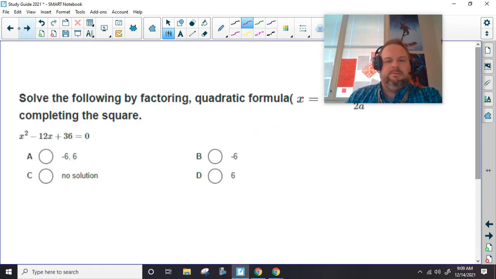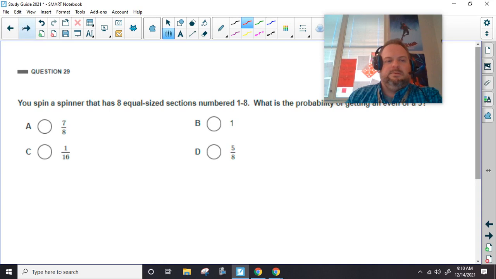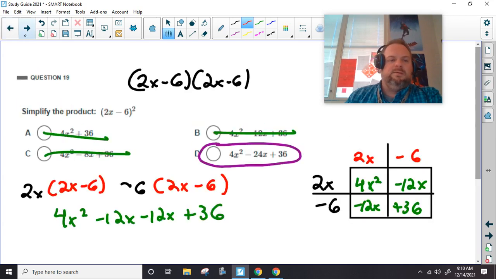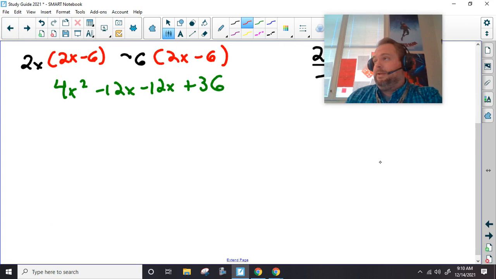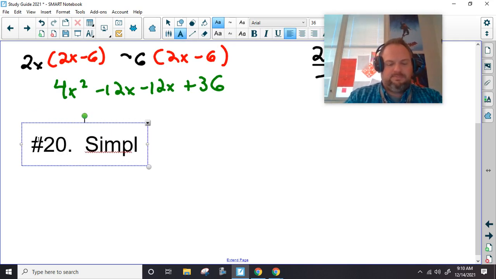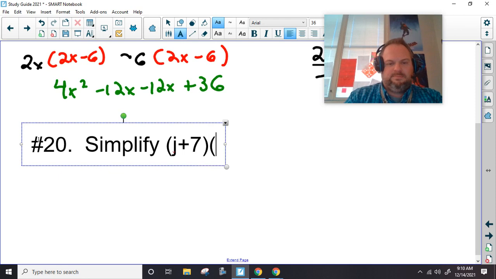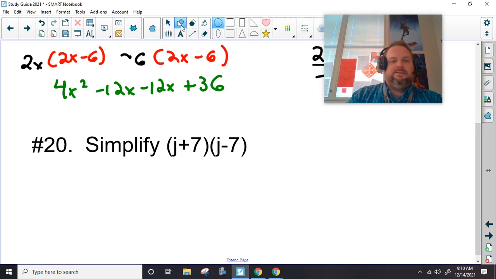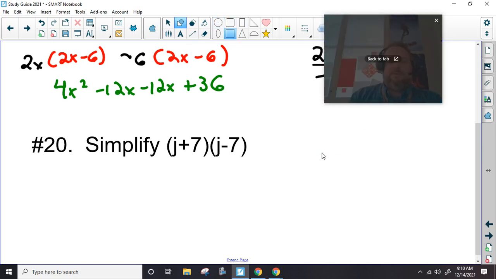Where is number 20? Really? I didn't know number 20 was before 21 in the presentation. That's hilarious. 20 is before 21.